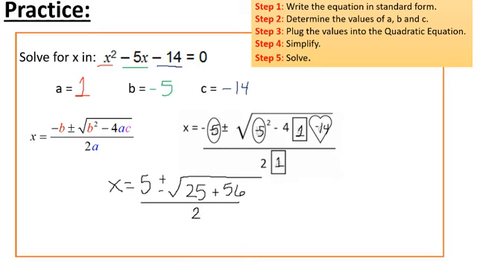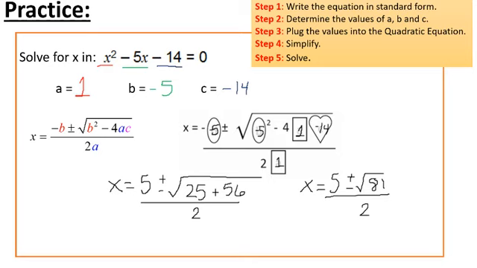So now let's go ahead and simplify under that square root. 25 plus 56 is 81. So I have x equals 5 plus or minus the square root of 81 all over 2. Well, this can keep being simplified. The square root of 81 is 9.